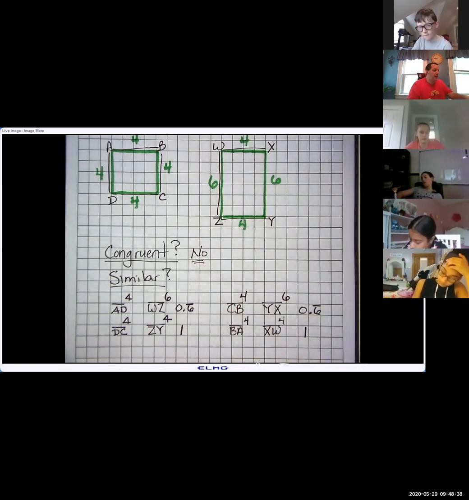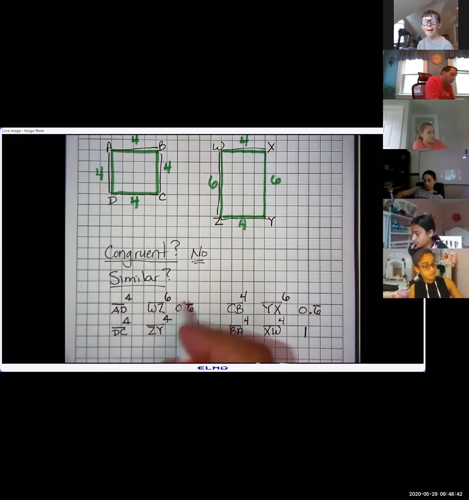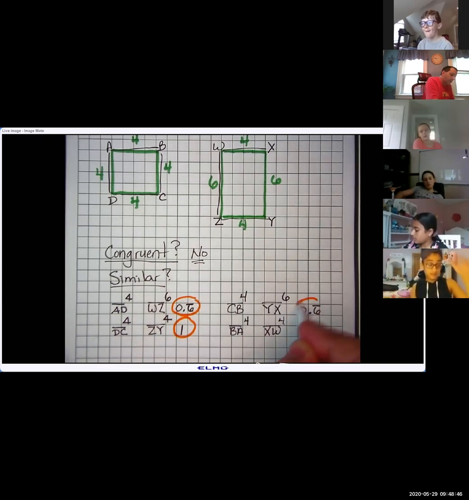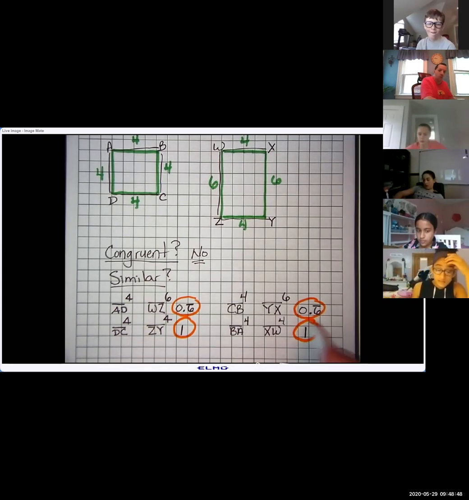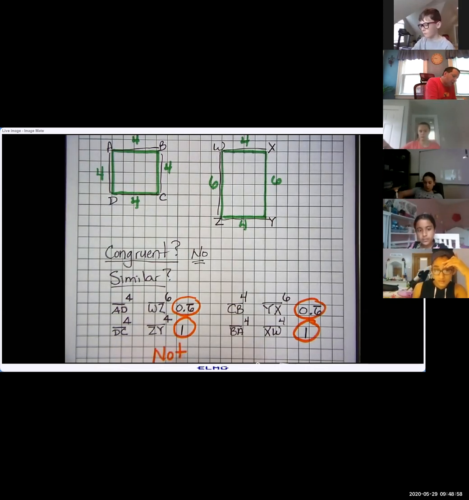So let's look at these comparisons, these ratios. We've got 0.6, 1, 0.6, and 1. Are all of those the same? Because they're not the same, these two shapes are not similar.